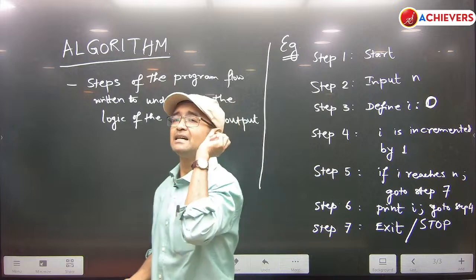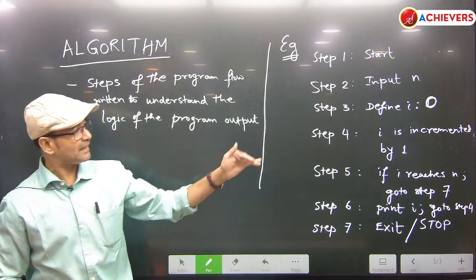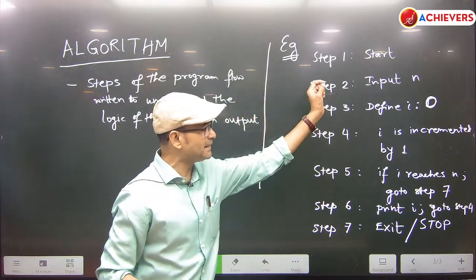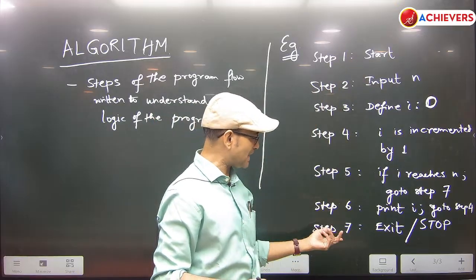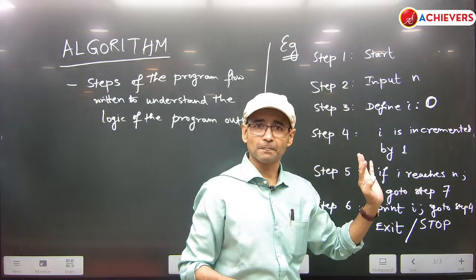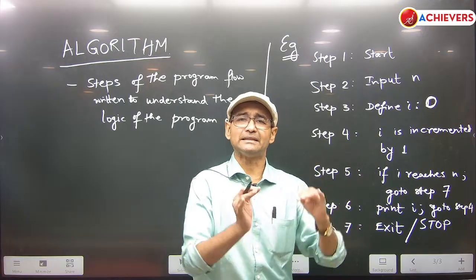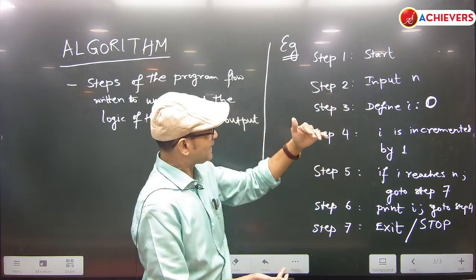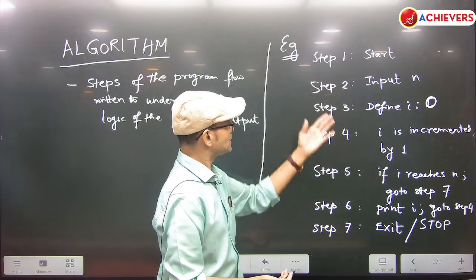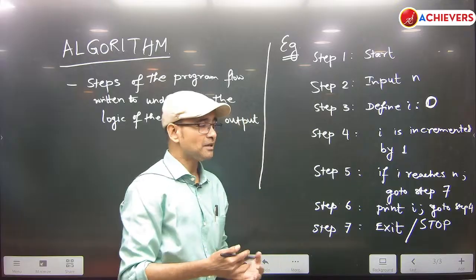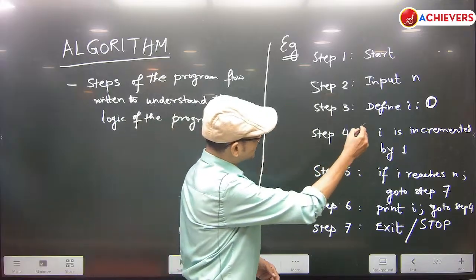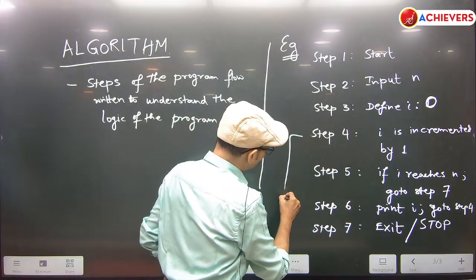So this is what we have, the lines of code that are written in English step by step. So first step will be start and the last step will be exit or stop. That means we are exiting or stopping the program, and within that we have the lines of code step by step. So we can move to the different steps when we are having a loop. So just have a look over here.